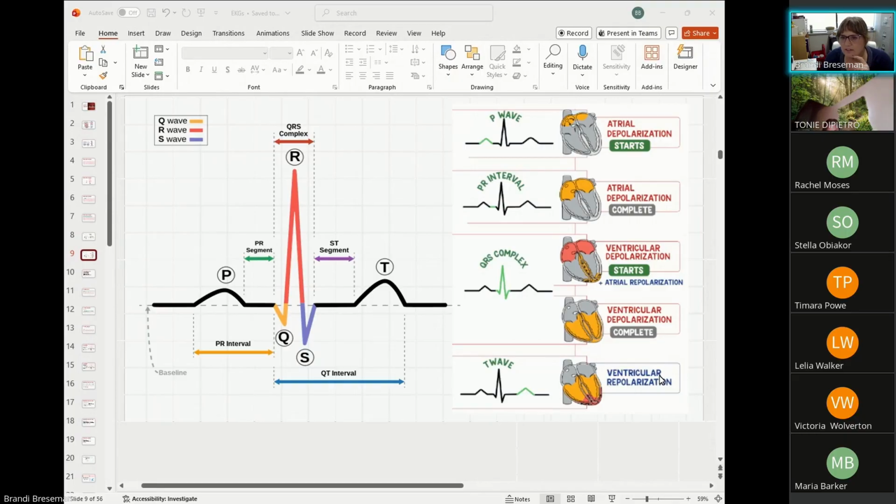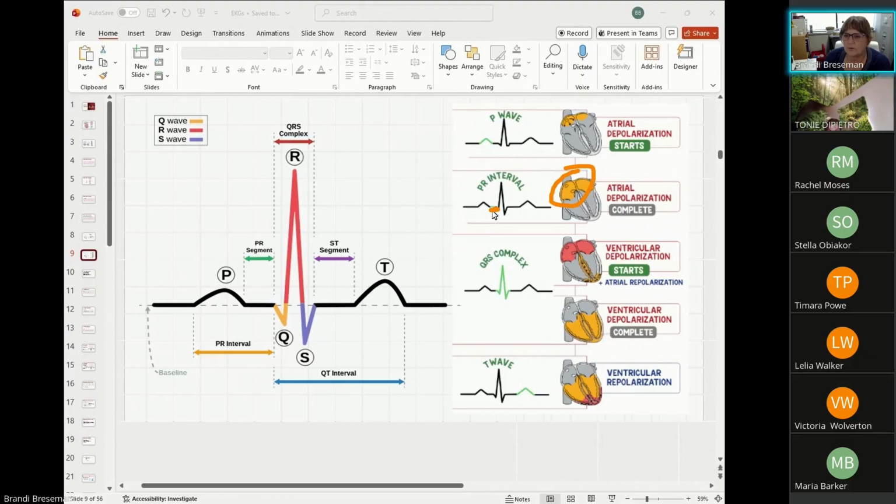This is, and you can see right in the yellow, this is where ventricular depolarization starts. So if you're looking here on the side, it tells you what each segment, because it shows you in green what's going on, and it shows you in yellow here where it's occurring. Everybody see that on this slide? Okay. So that's what's happening.